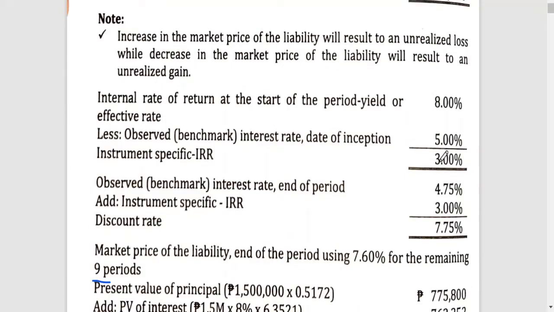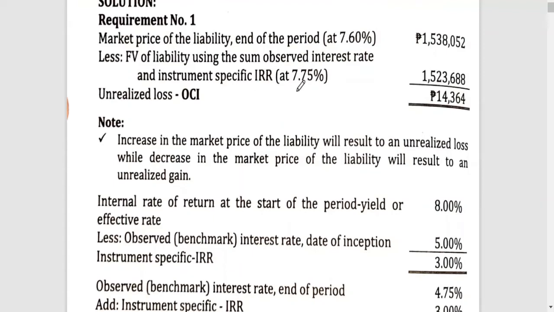So the 7.75 is coming from the observed benchmark interest rate at the end of the period, 4.75, and the instrument specific IRR, which is the internal rate of return at the start of the period, which is your effective rate in the given problem, that's 8%, and the observed benchmark interest rate at the date of inception, which is 3%. So sum it up, this is our discount rate.